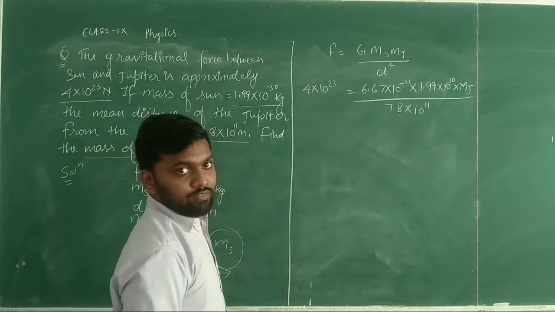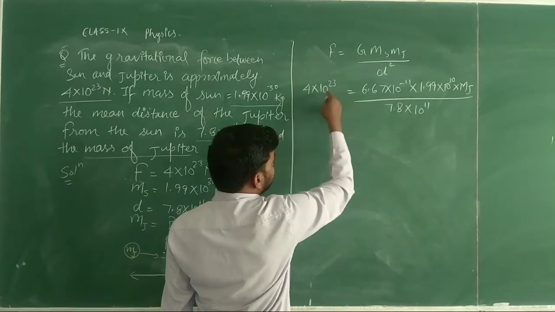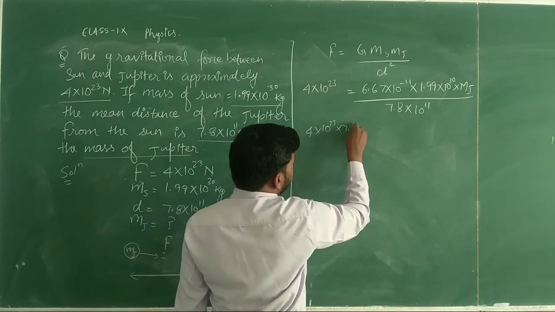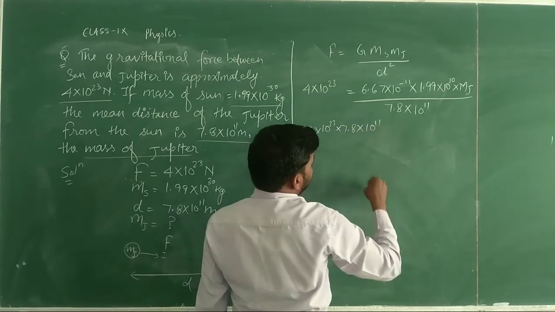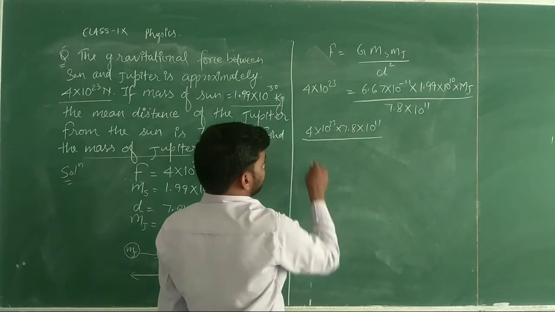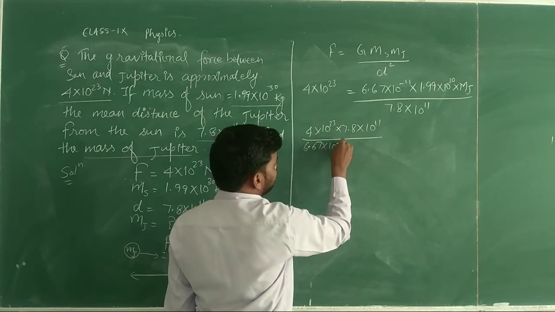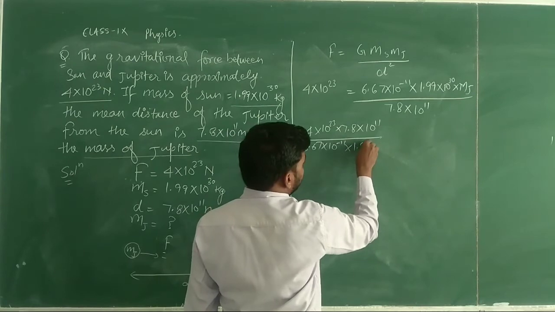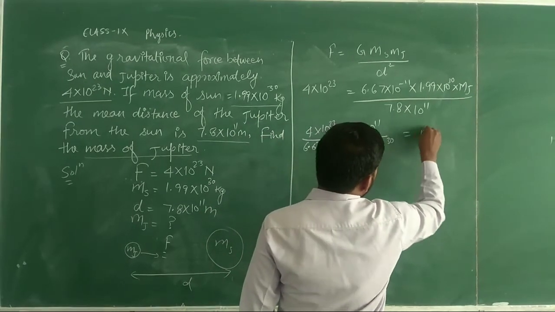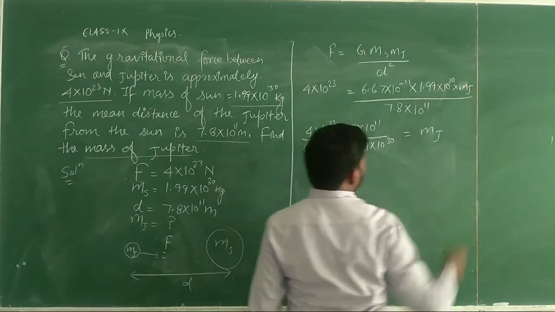So start solving it. We need to find out mj. Definitely this will come here: 4 × 10^23 multiplied by 7.8 × 10^11, and this term will come in the denominator: 6.67 × 10^-11 multiplied by 1.99 × 10^30. And here only mj will be left.